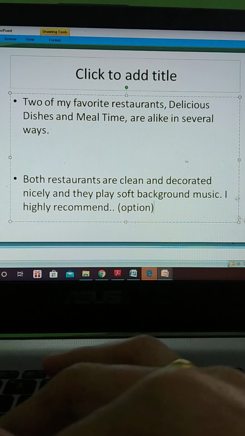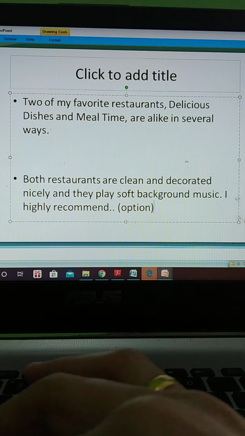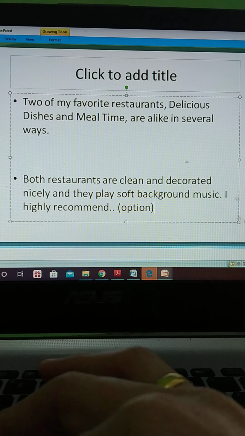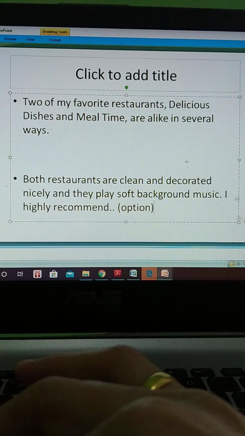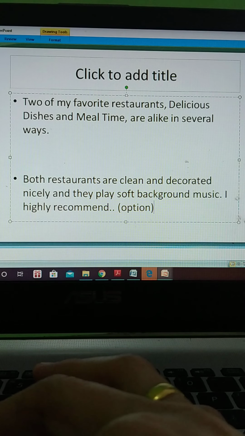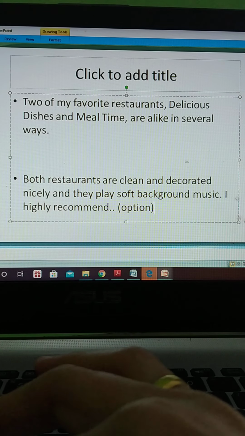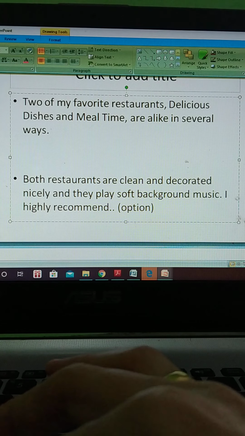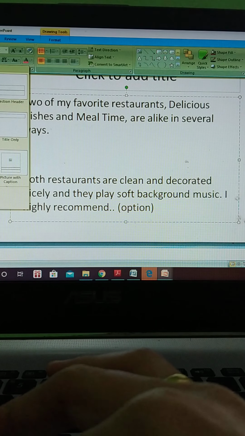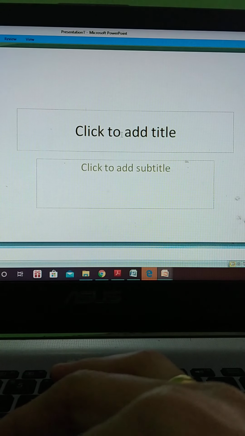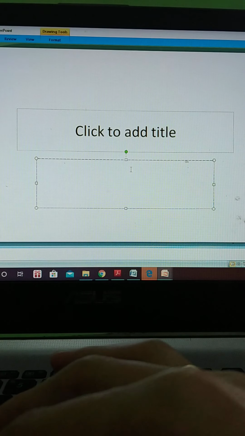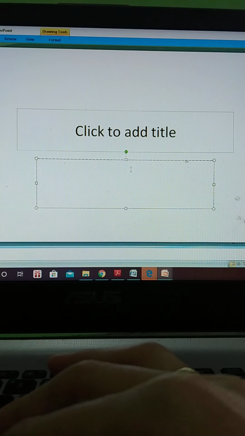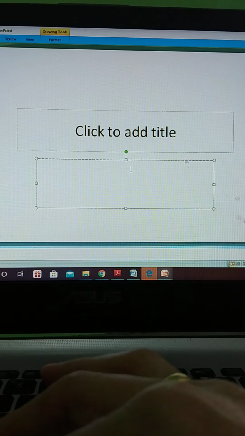And the most important thing when you write a comparison pattern in a paragraph is the expressions that you can use for that. So now please open page 199.